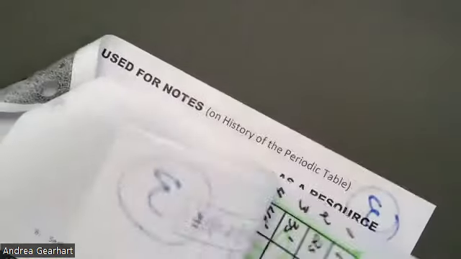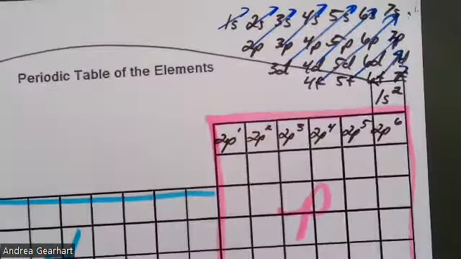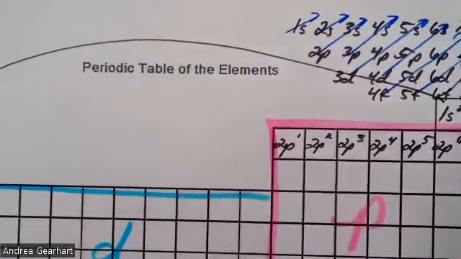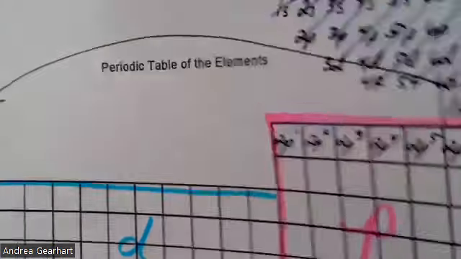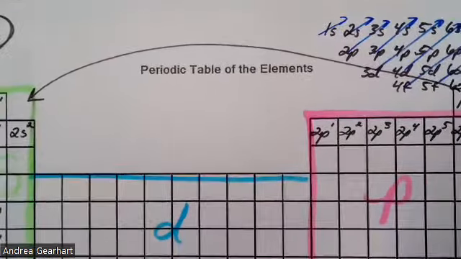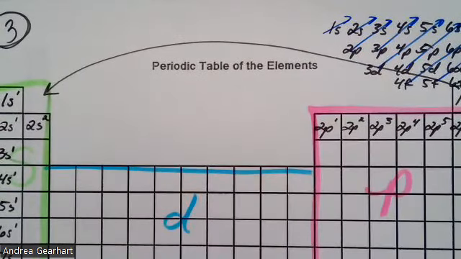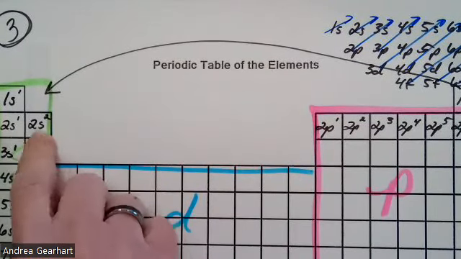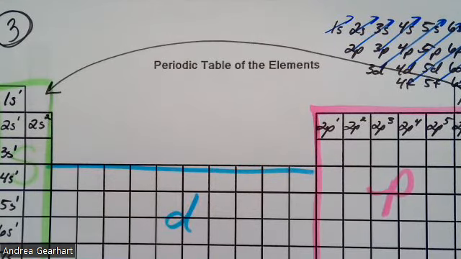All right. So what we were doing Thursday was mapping out the periodic table that's on the second page of your packet. And we were placing in the element block the very end of the electron configuration.